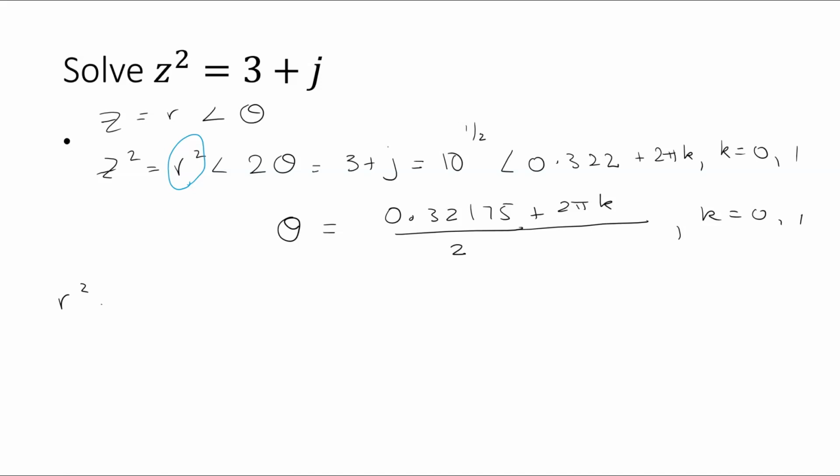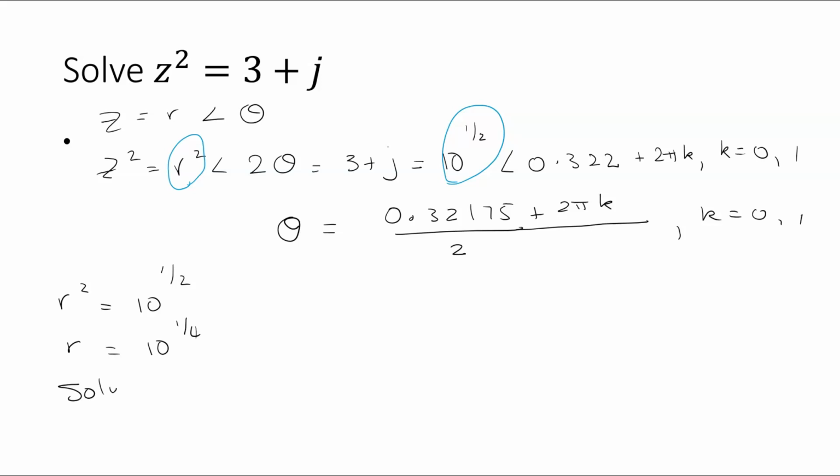r squared must equal 10 to the half. Again, I'll finish what I was doing with my fancy colour there. So that is 10 to the power of a half, so r is 10 to the power of a quarter.